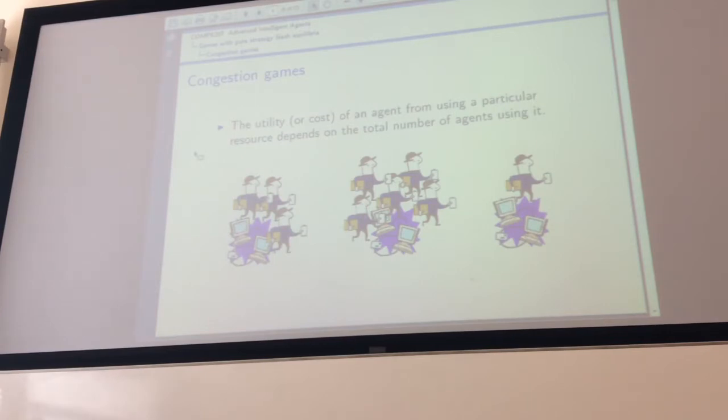So I've chosen my resources, some other agents have chosen their resources, some of them we share, so there are x_i agents on resource i, and the cost or utility that each of us who uses that resource has from that resource would be a function of the total number of users.